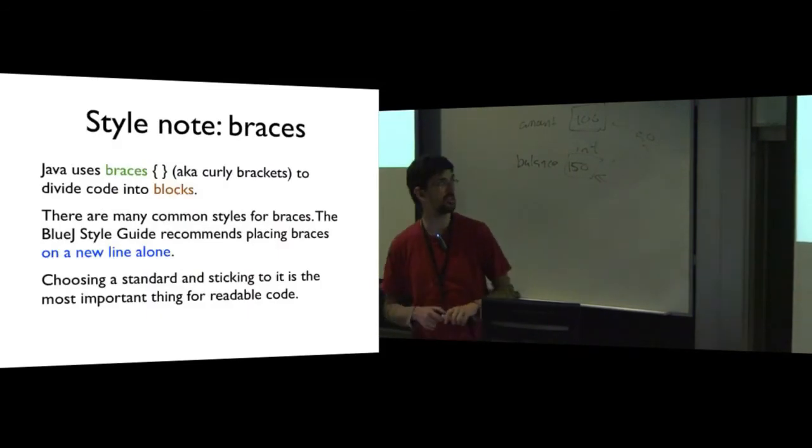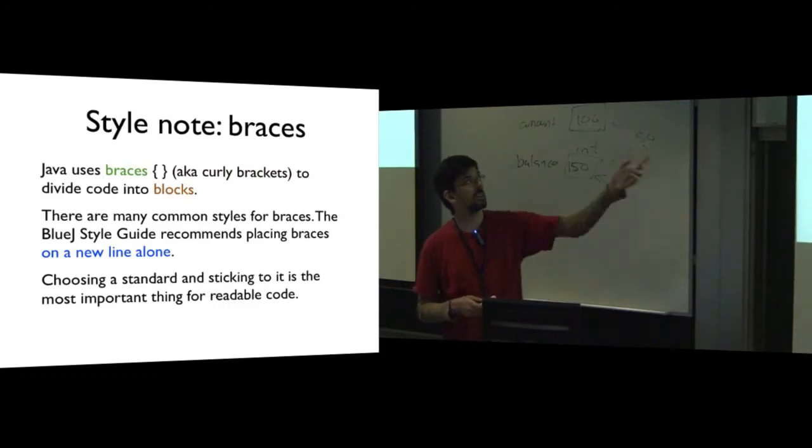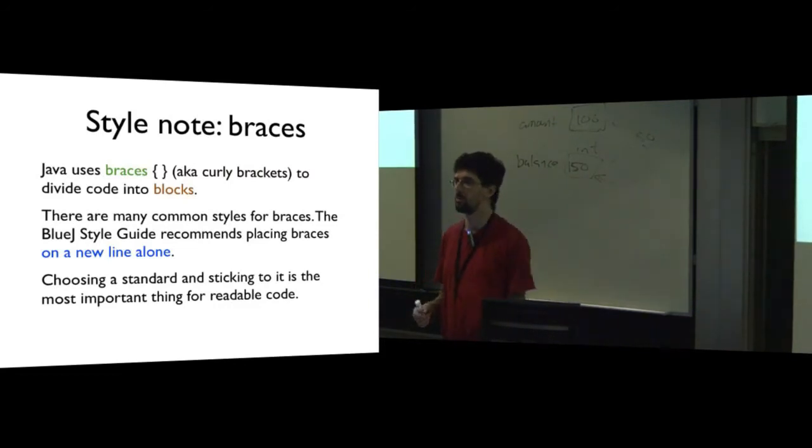Because, like anything with style, it's better to choose something consistent rather than to mess around and do a bunch of different things. So I recommend that you use this style, just because then I know that you're all going to do that style, rather than you changing around, or worse yet, changing what you're doing all the way through your code.